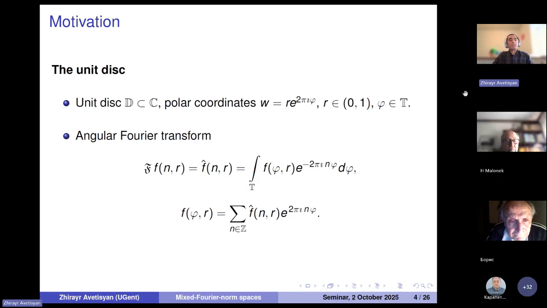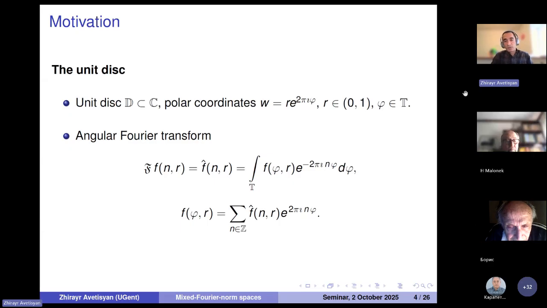So we have the unit disk, D, which we consider as a set of complex numbers, w. Well, actually, we'll begin with the punctured unit disk. We'll see that it is the punctured unit disk that's the natural domain of our constructions, especially because we're going to use the polar coordinates.